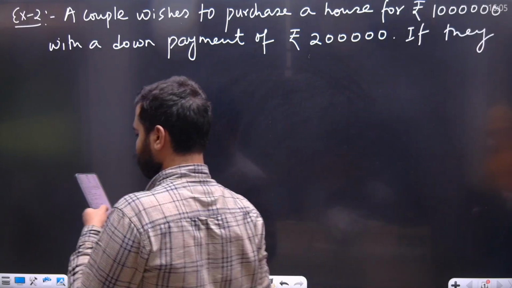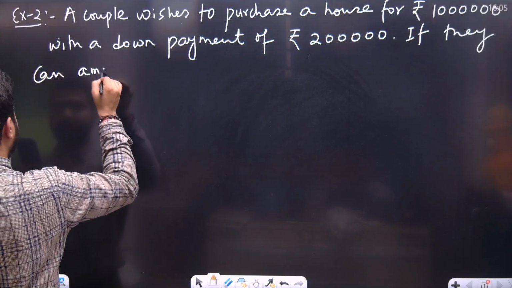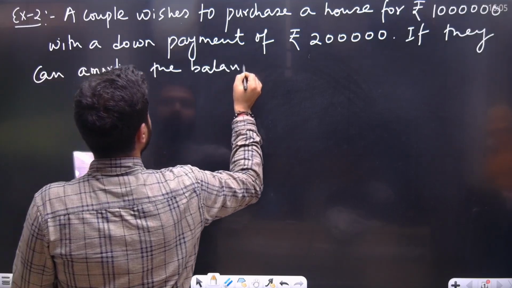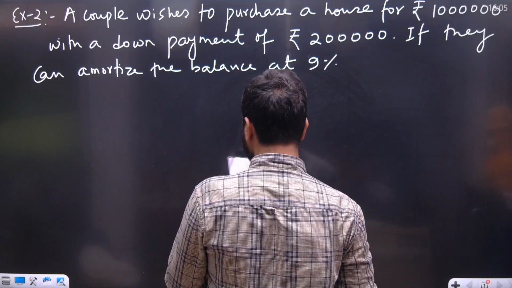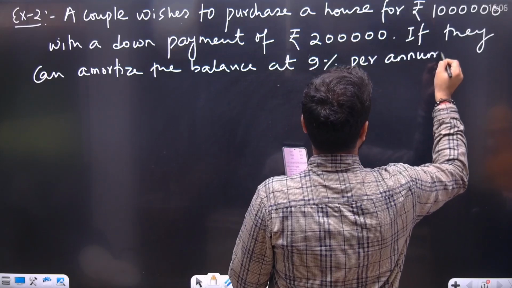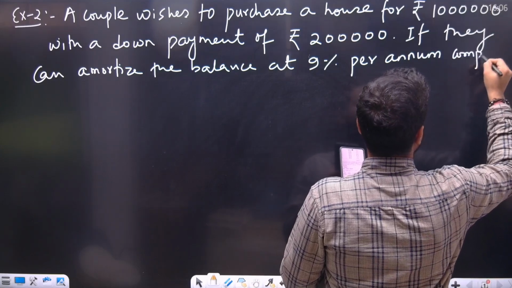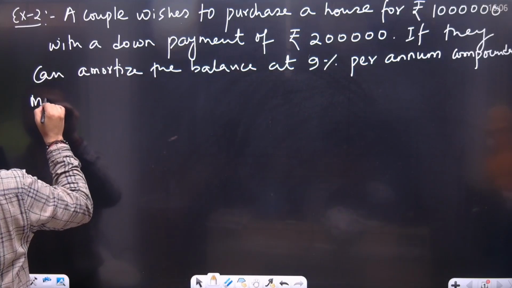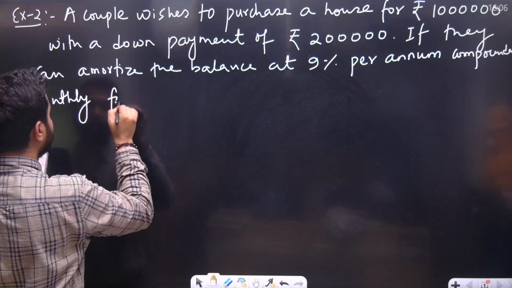If they can amortize the balance at 9% per annum compounded monthly for 25 years.